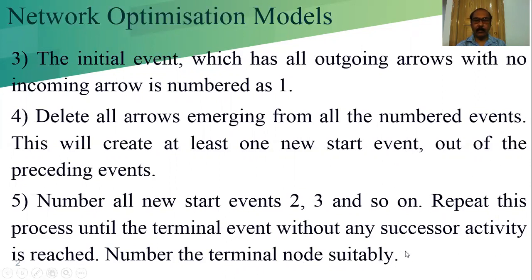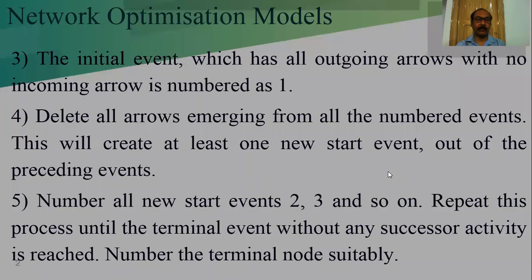Number the terminal node suitably as the number of nodes in this network diagram. That should be the last number of the end event. Suppose we have 10 nodes, then the last number of the event should be 10.